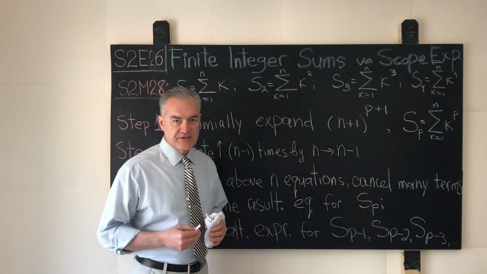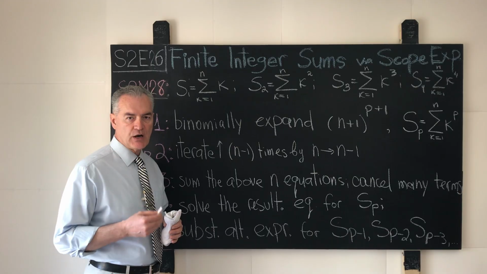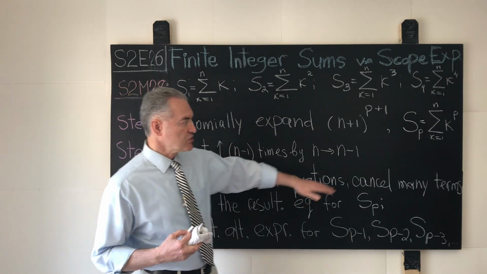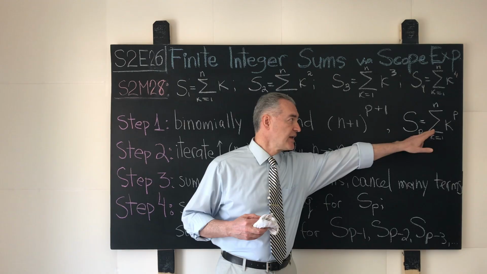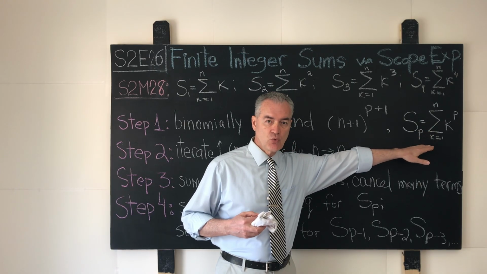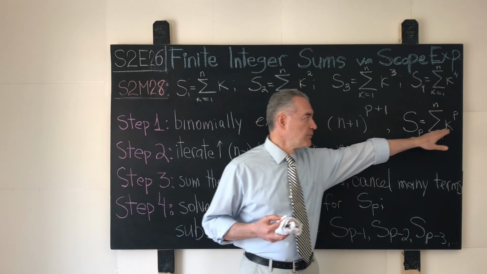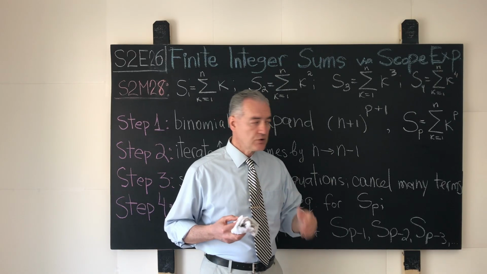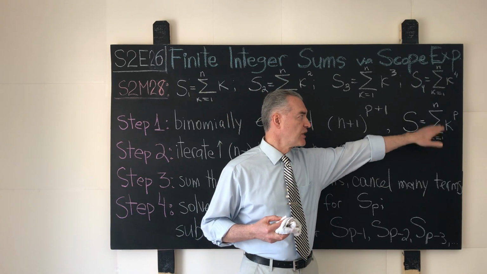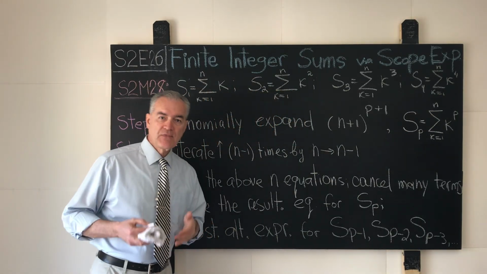In order to recover an alternative expression for an arbitrary finite integer power sum that has the following structure shown over here, Sp is the sum of whole positive consecutive numbers k, each of which is raised to 1 and the same fixed and given ahead of time integral power p, where p can be 1, 2, 3, 4, 5, and so on, where k varies between 1 and n, we can execute the following four-step algorithm.